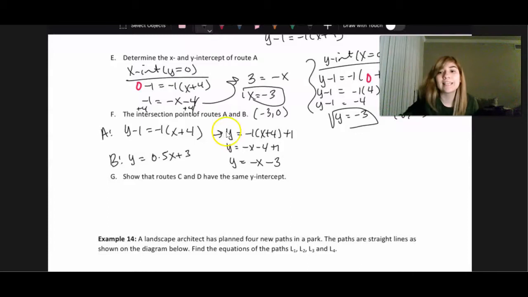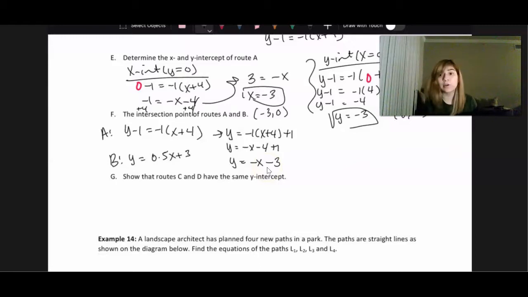Okay. y equals negative x minus 3. So all I did was make it so that they're in a similar form. To do that, I added 1 to both sides to get y by itself, distributed the negative 1, and then I had these two like terms, the negative 4 plus 1, which became negative 3.